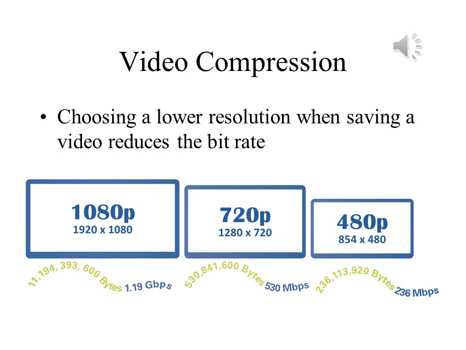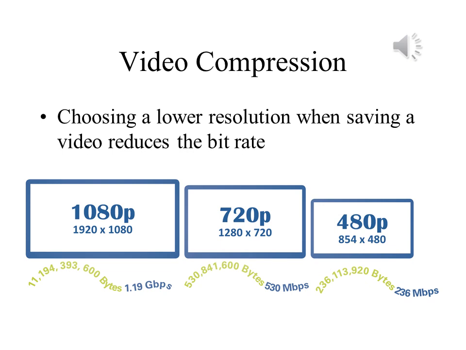One obvious way is to make the video smaller. If I shrink my video from 1920 by 1080 to 1280 by 720, I would reduce the bit rate from 1.19 gigabits per second to 530 megabits per second, reducing the necessary bit rate to 43% of its original size.